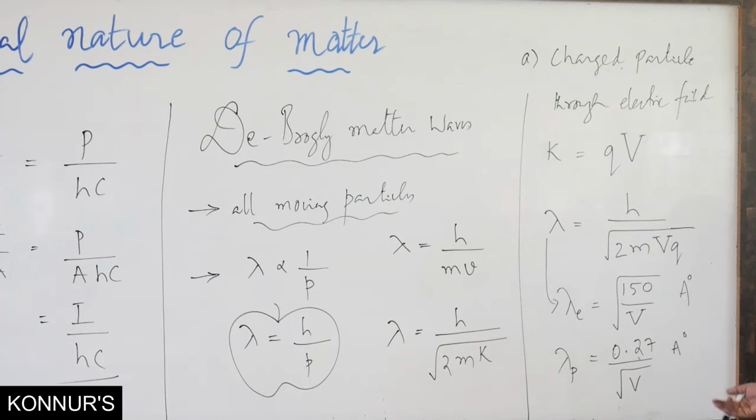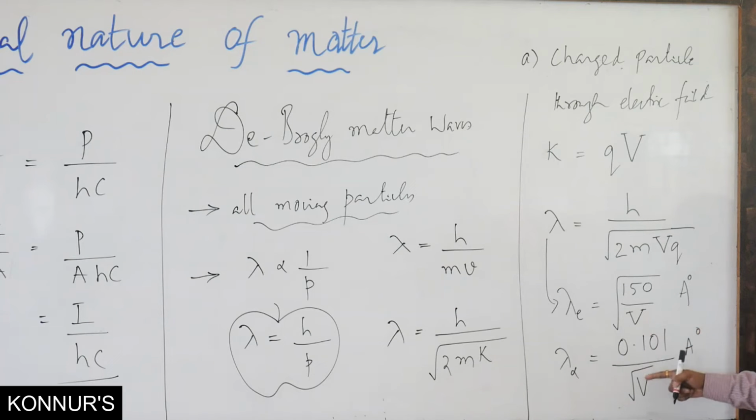And supposing it is given for an alpha particle, instead of proton, if I am taking an alpha particle, there is a small change in the numbers, because mass and charges are different for different particles. It is 0.101 upon root V angstrom.